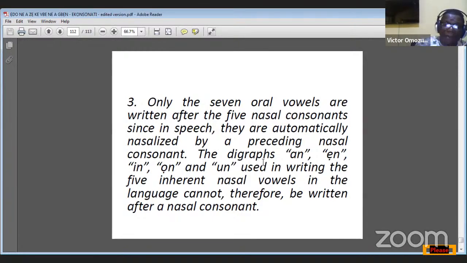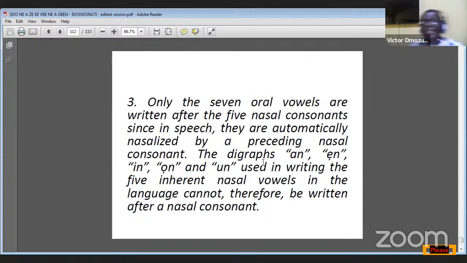The digraphs, that is an, en, in, on, and un, used in writing the 5 inherent nasal vowels in the language cannot, therefore, be written after a nasal consonant.